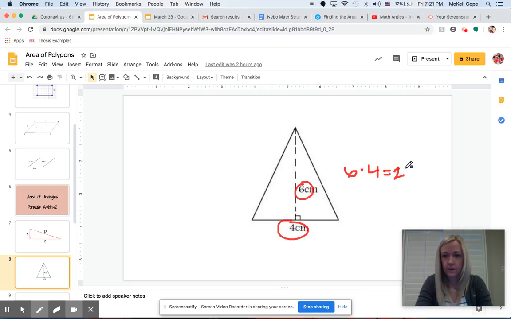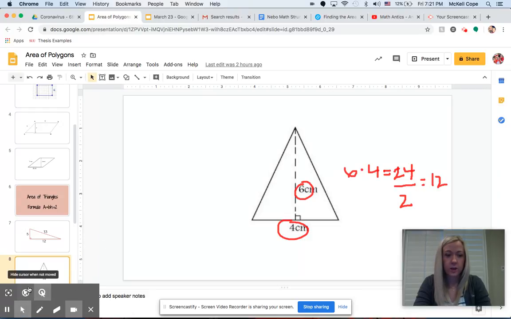Hopefully you guys can draw a lot better than I can with a mouse. And we are going to divide it by 2 because we need to cut this in half because it's half of a rectangle or a square, and that gives us a total of 12. Remember, when we are finding area, it is always in square units, so you would do 12 square centimeters.